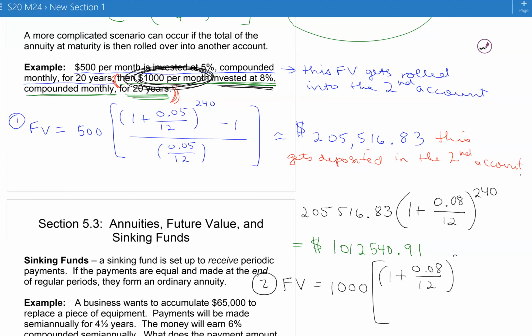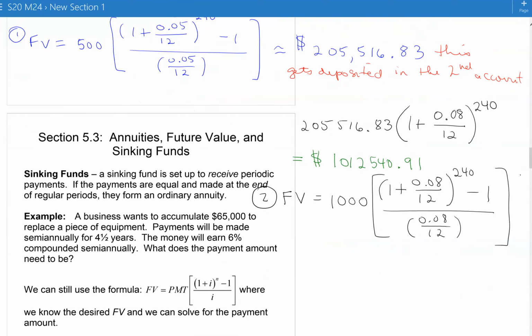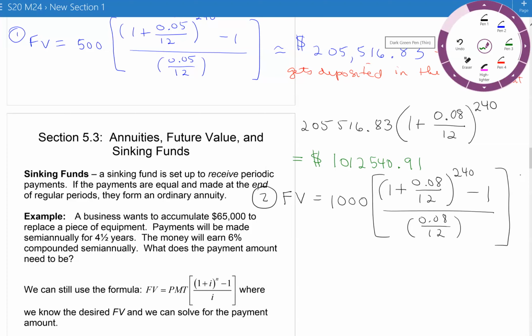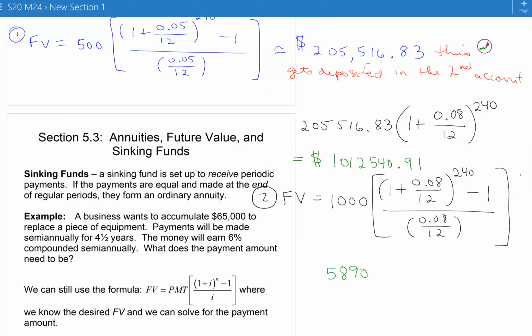Monthly for 20 years is 240 compoundings. Subtract 1, divided by that same interest rate. And this is going to be the amount in the second annuity. So for that one, I'm getting 589,020.42.